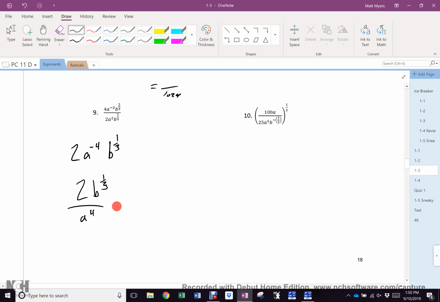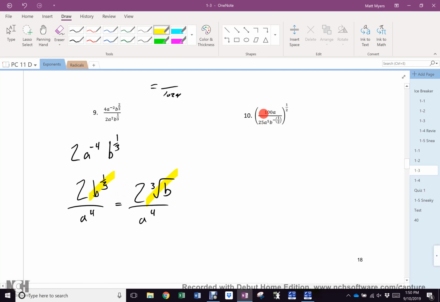Can I leave it like that? I can. But I might need to go further, so I better recognize that's also cube root of b over a to the 4th, right? Because these two are interchangeable. Whatever you need to do in math, you can change the way something looks as long as you keep the rules alive. What would you do here, Jacob?